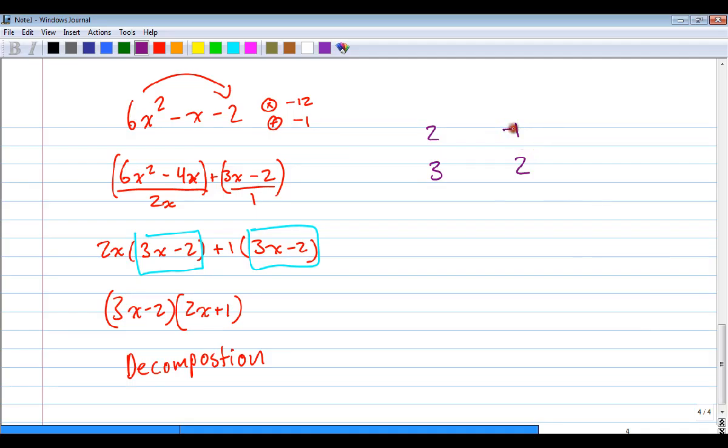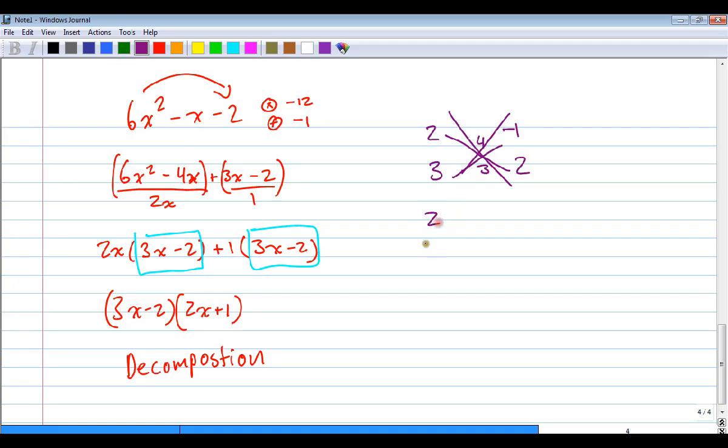I'm going to say the 1 is negative. Okay? Then you crisscross. What's 2 times 2? 4. What's 3 times negative 1? Negative 3. Is 4 minus 3 negative 1? 4 minus 3? No, so this is wrong, right?